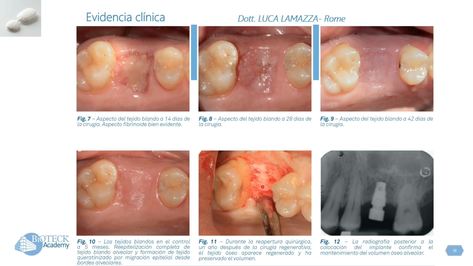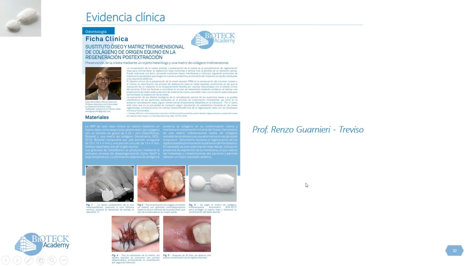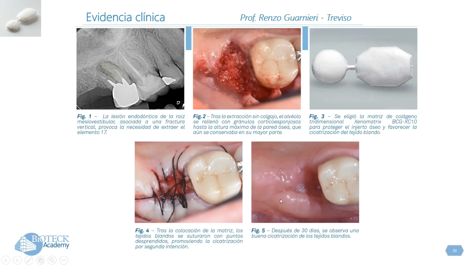Also we see the good result of OX, let's say of the bone graft, that results in enough quantity of bone to place the implant. Here we see this case from Professor Renzo Guarnieri from Treviso. Again, there is the extraction of a tooth.